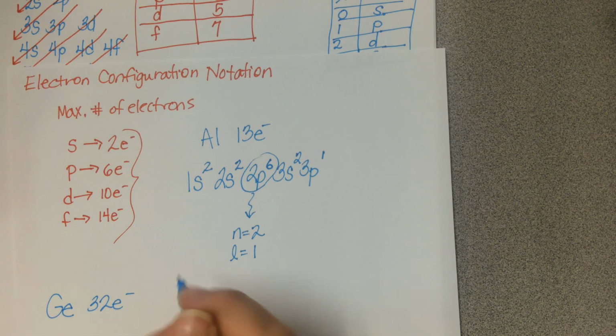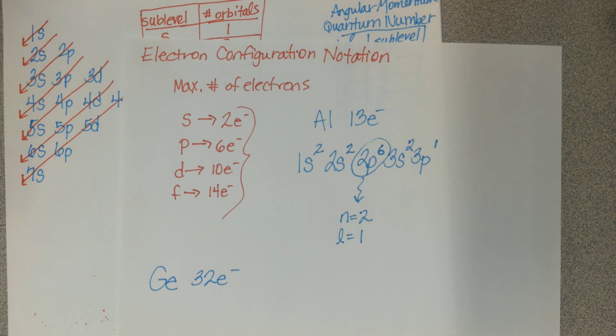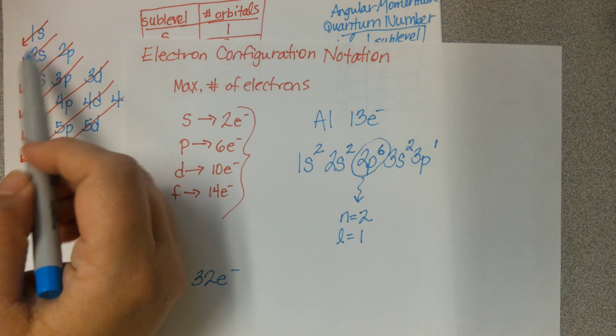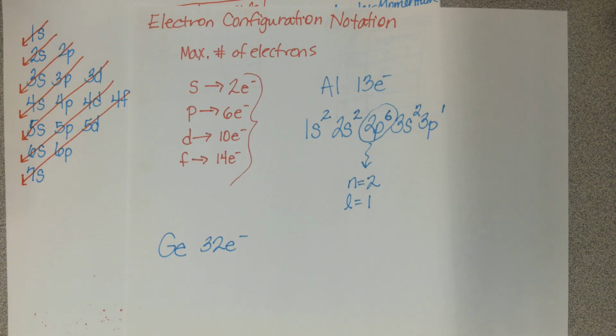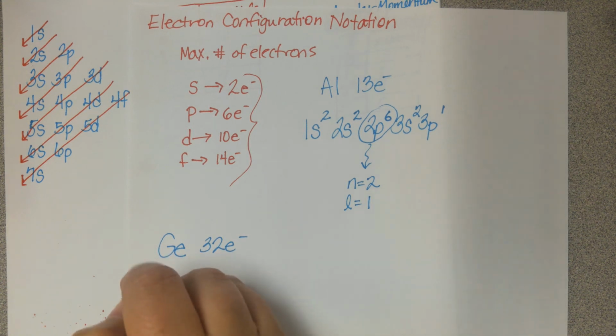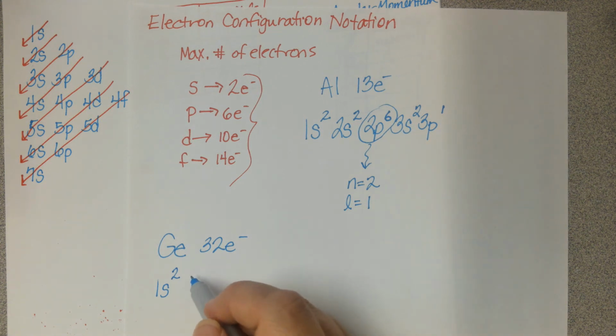And we need to remember that this Aufbau principle still applies. So we're going to start with 1s. S sublevels, 1 orbital, can hold 2 electrons. Then we're going to go to 2s. S sublevel, 1 orbital, so 2 electrons.